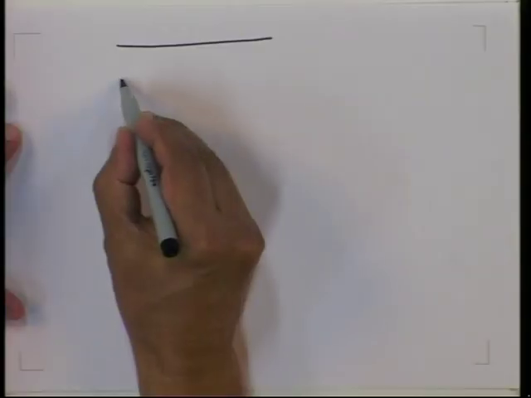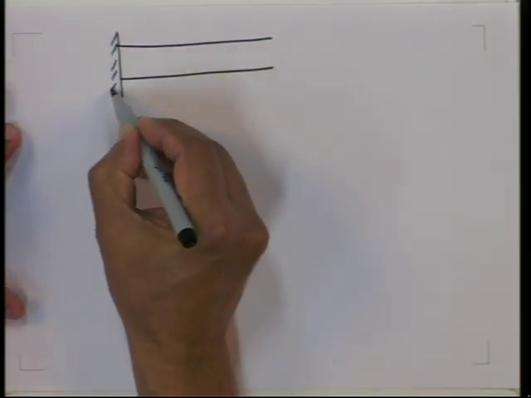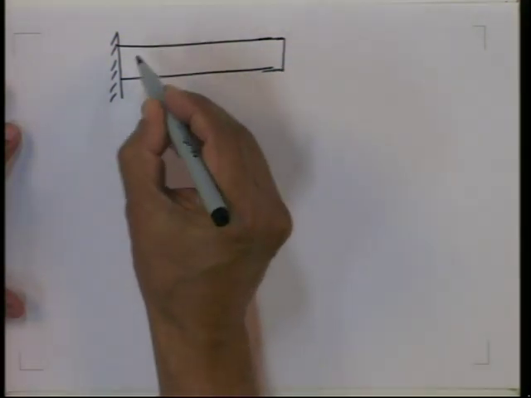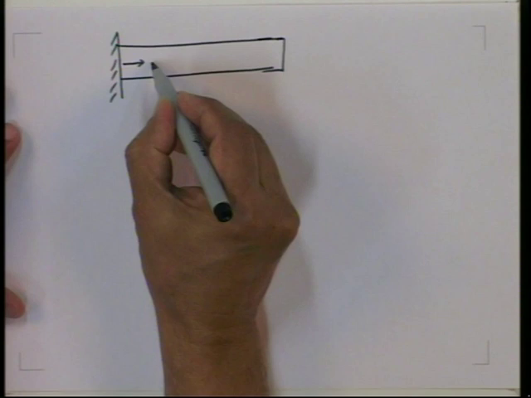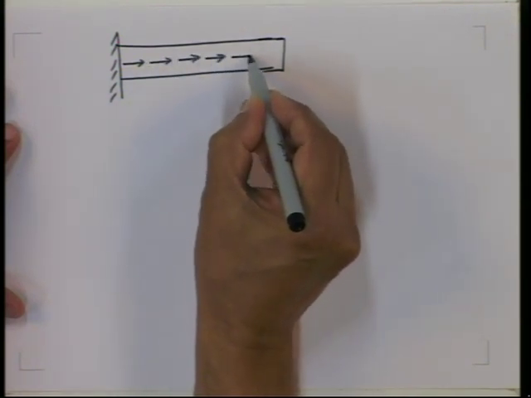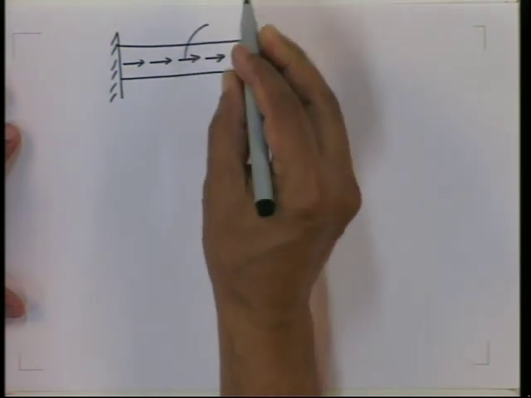See, if it is a rod, for example, if I have a rod which is like this, and I have a load which is varying along this.